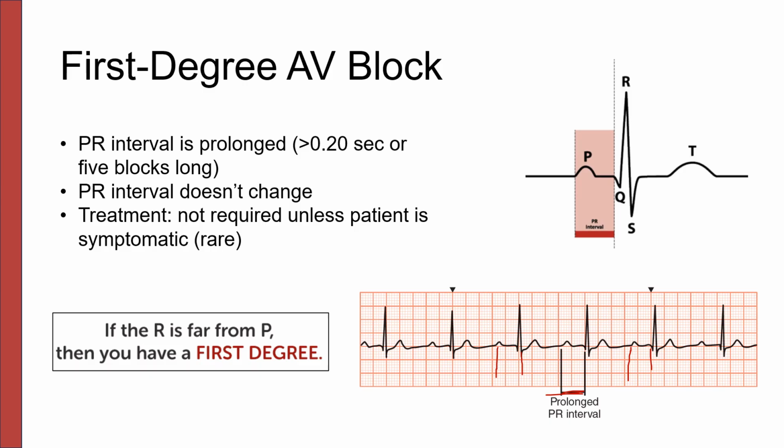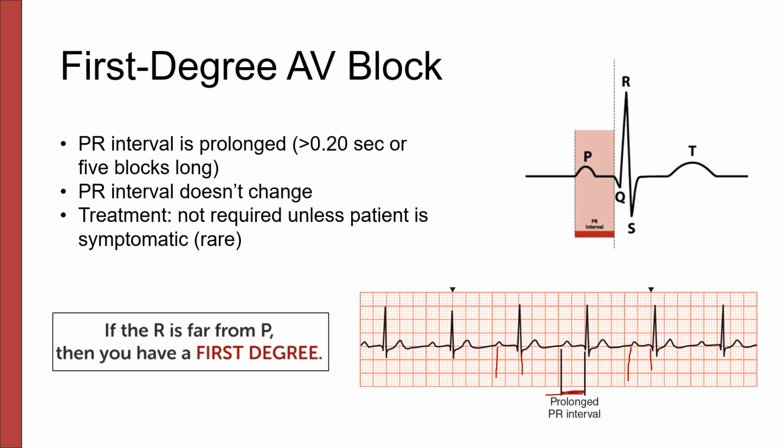It's going to look like normal sinus rhythm, except that the PR interval is longer. What this means is that every impulse that the SA node is firing is going through the AV node, it just takes longer. Okay, so every impulse is getting there, it just takes longer. That's what a first degree AV block is.